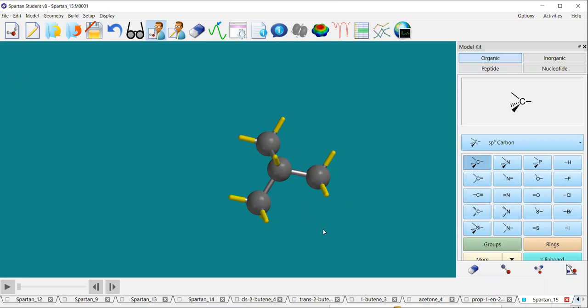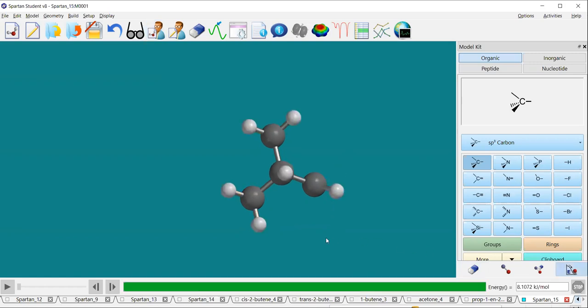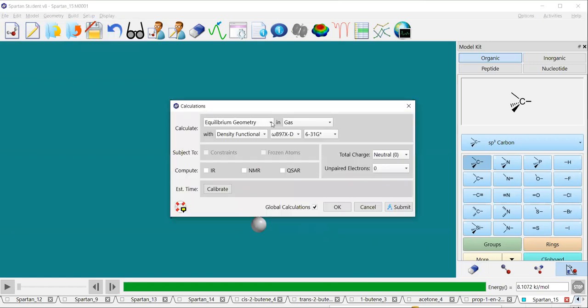So I will construct primary carbocation. So I have to delete one hydrogen from here. Here it is. So I've deleted it, it is primary, and now I have to minimize it, and I have to submit this molecule to calculations.